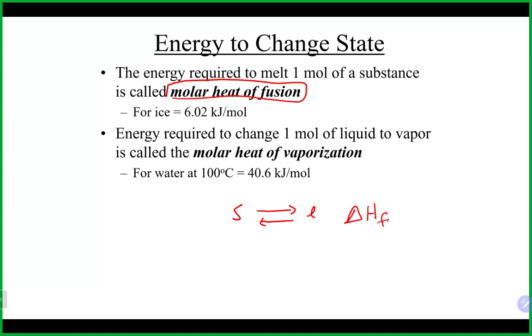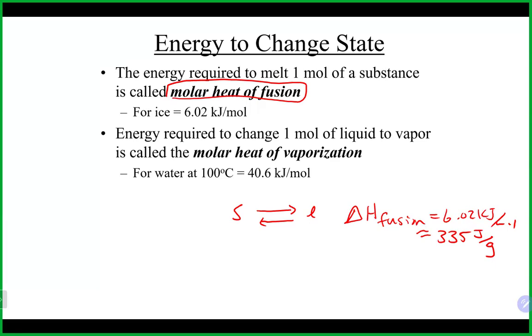It's sometimes called the delta H of fusion, which is 6.02 kilojoules per mole. That is roughly 335 joules per gram, required to do nothing more than take a substance from solid to liquid, not changing the temperature.